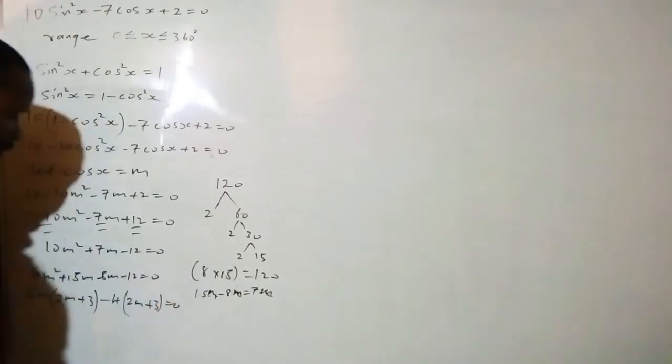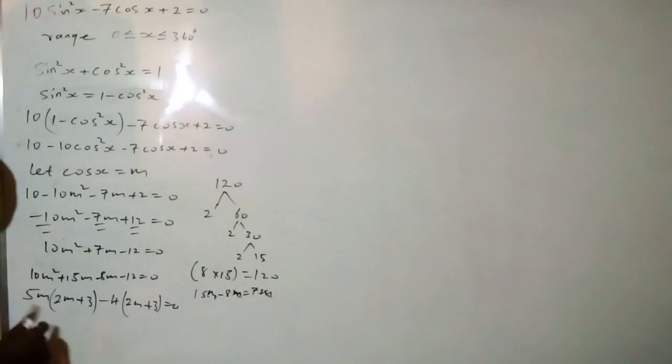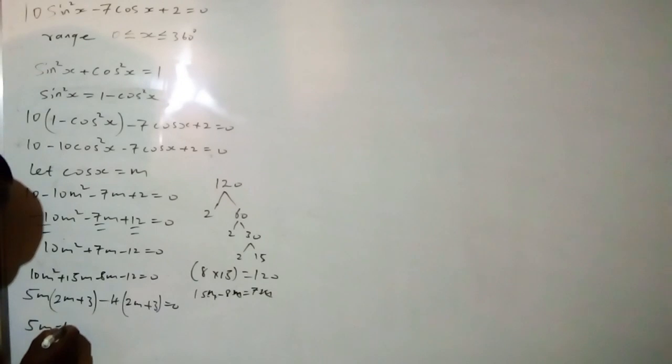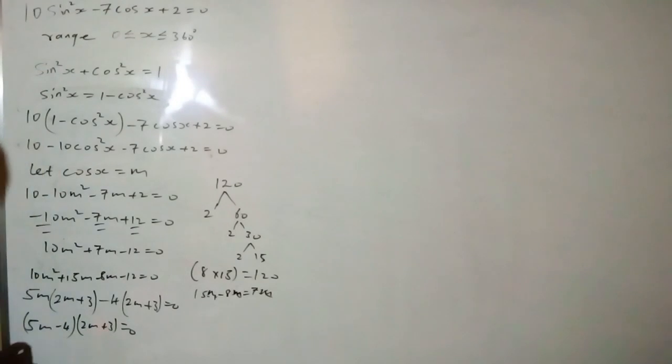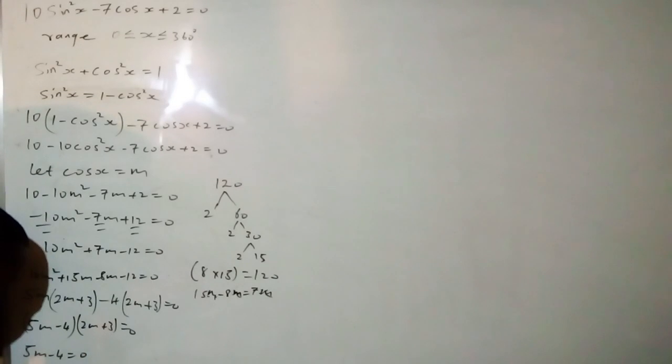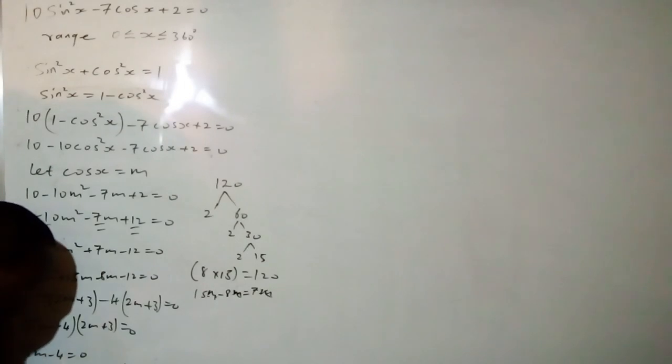What is outside the bracket, you put in a single bracket: 5m minus 4, then 2m plus 3 is equal to 0. Each bracket you can equate to 0. 5m minus 4 is equal to 0, 5m is equal to 4, divide by 5, and m is equal to 4 over 5, which is 0.8.